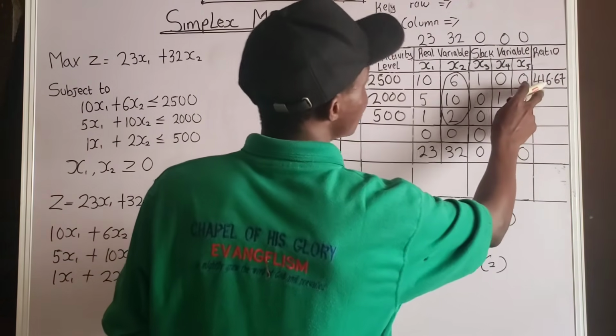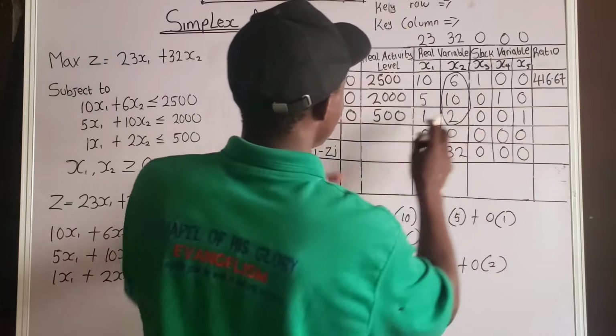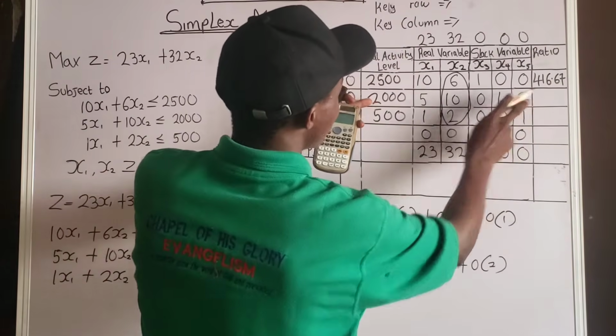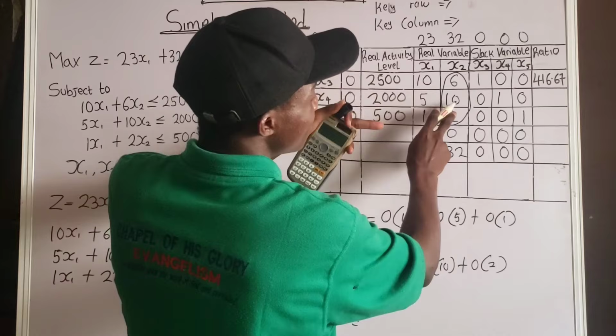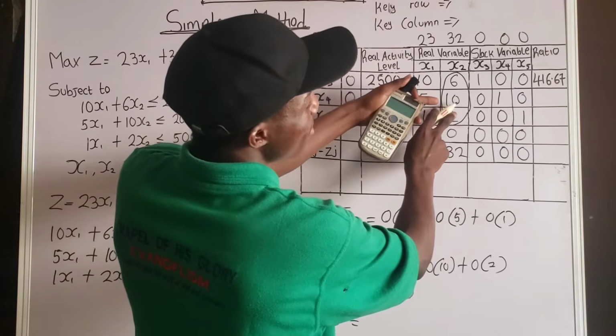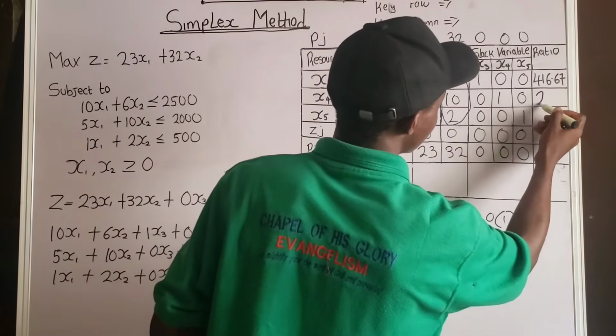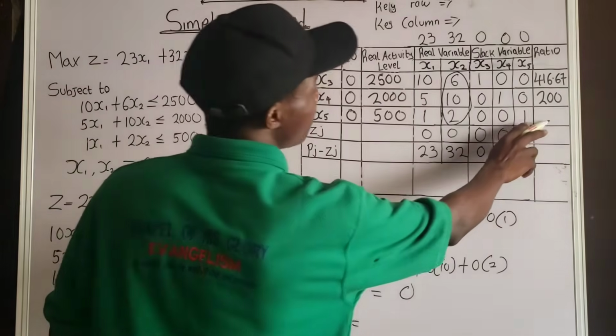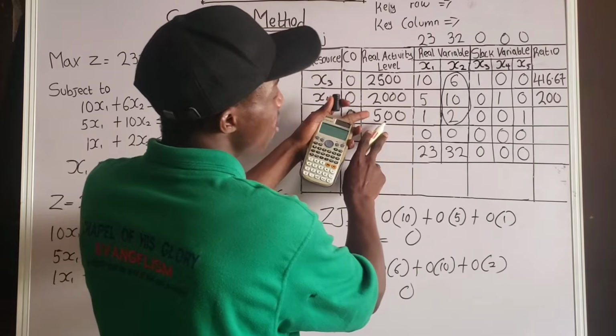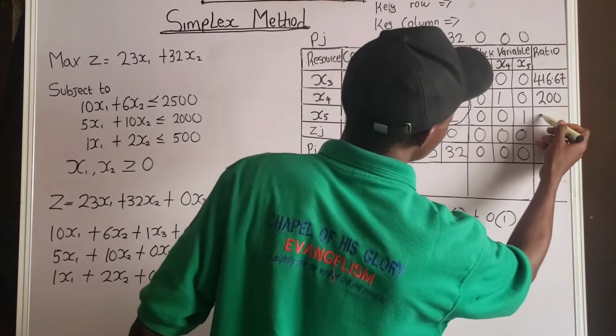To get the ratio of these cells, I divide 2000 by the corresponding key column element, that is 10. 2000 divided by 10 is 200. And the value of these cells will be 500 divided by 2, that is 250.